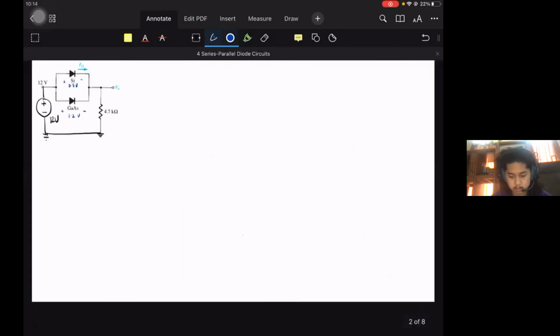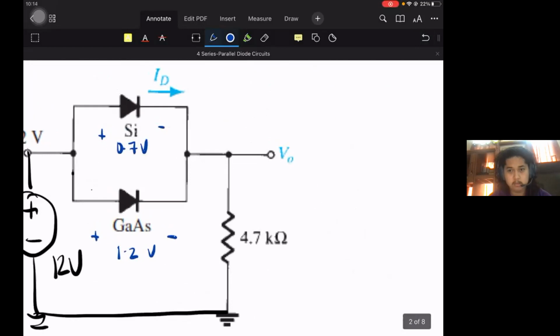How come here it is not the same, 1.2 and 0.7? We have a dilemma. How is it that their voltages are different when they are in parallel?